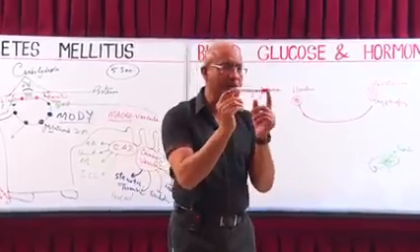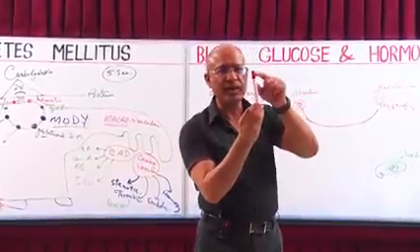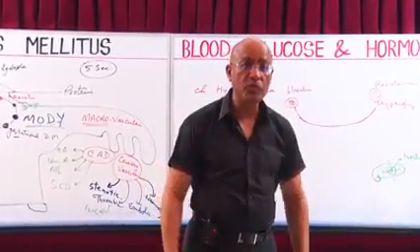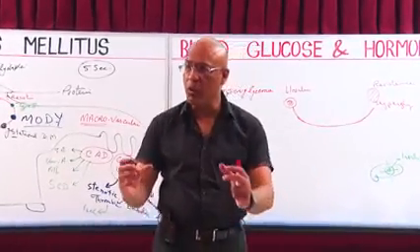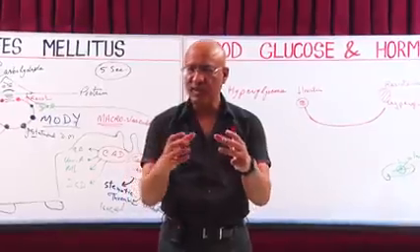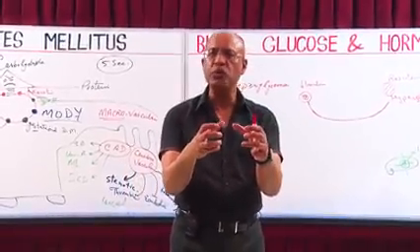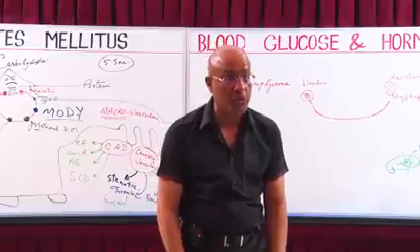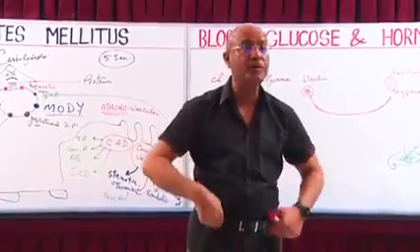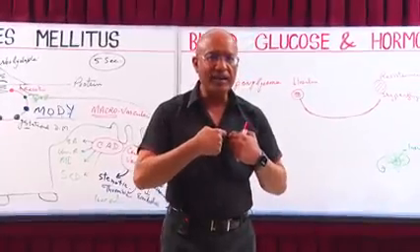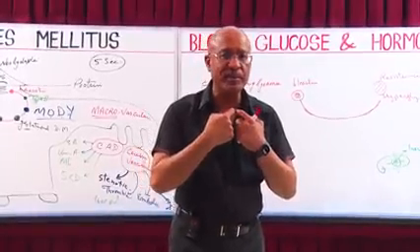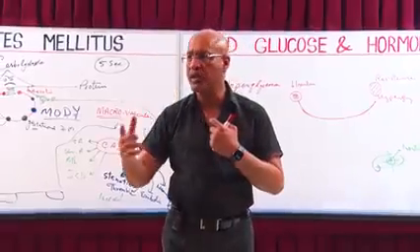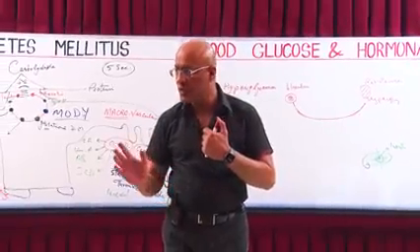Because whenever you change your position from lying down to standing up, there is a burst of sympathetic activity to the vessels in the lower part of the body, and those vessels constrict and squeeze the blood so that it does not pool, and there is appropriate return to the heart, and cardiac output is reasonably maintained so that you don't develop vertigo or blackouts or complications like this. You are understanding?